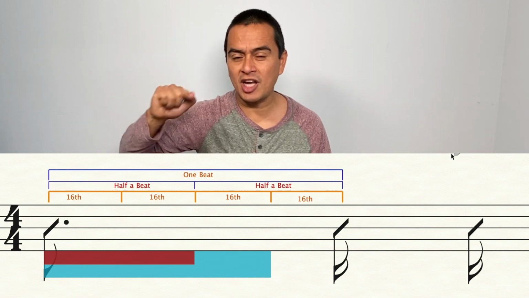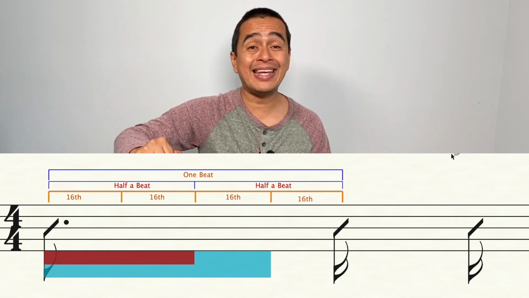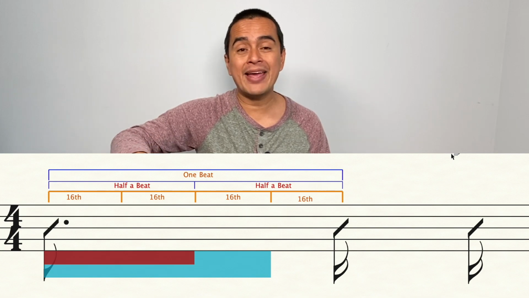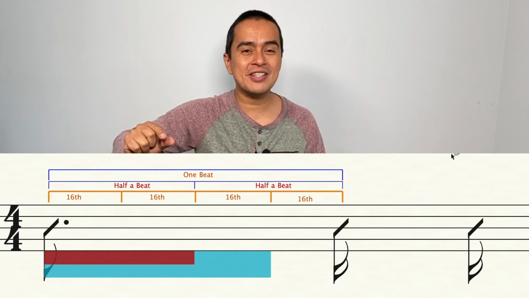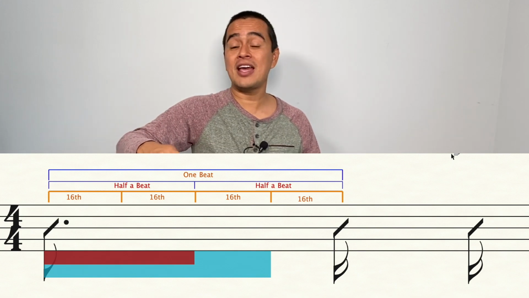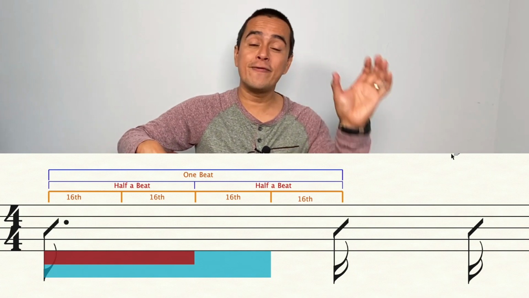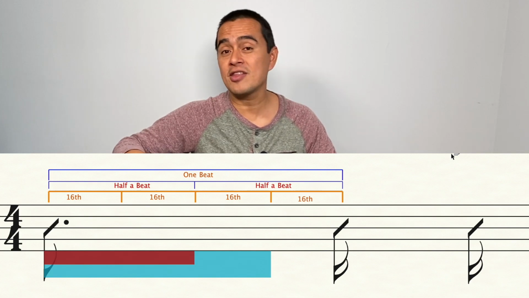But if you put a dot on that note, it will increment its value by half of its own value, which is 1/16. Now the eighth note lasts for 3/16 of the beat. Very simple, right? Dots will just add value to the note.